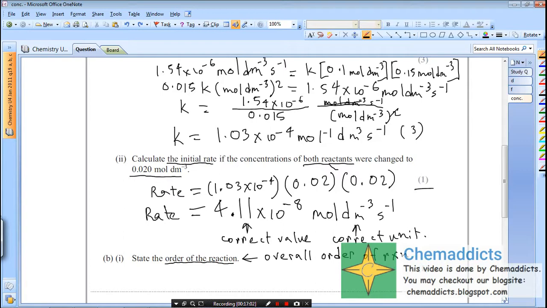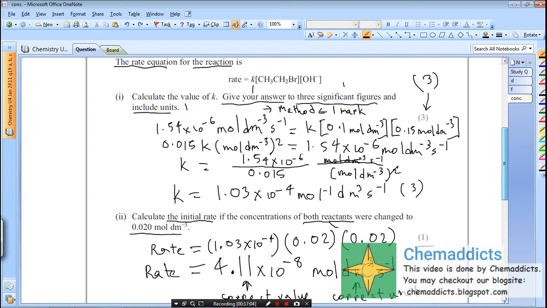Let us again examine this. The partial order of bromoethene is 1 here, and the partial order of hydroxide is 1. How did we come to know that the order of bromoethene is 1 and the order of hydroxide is 1? That's because it is just like the power in algebra: a to the power 1 means a, b to the power 1 means b, as you all know from algebra.